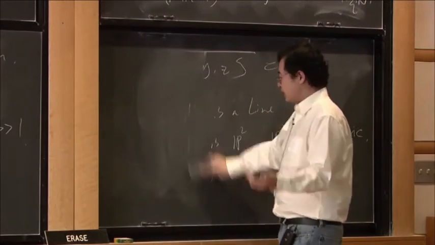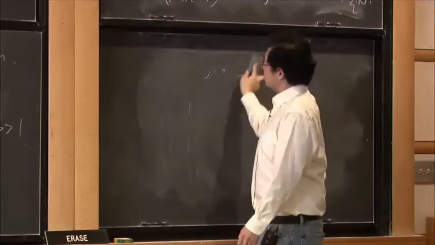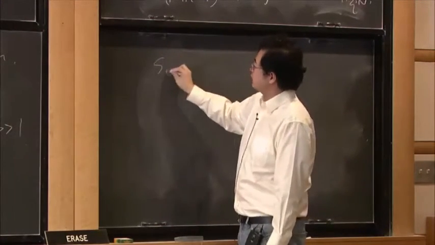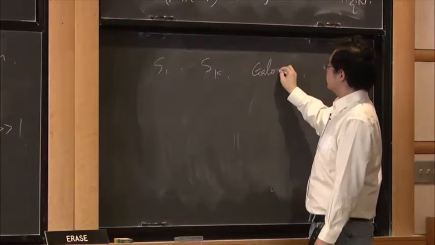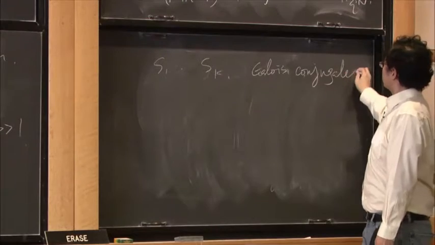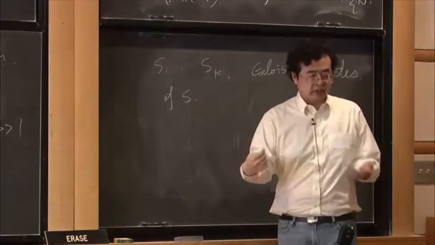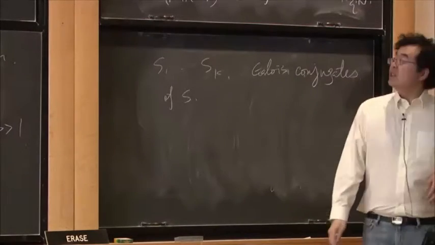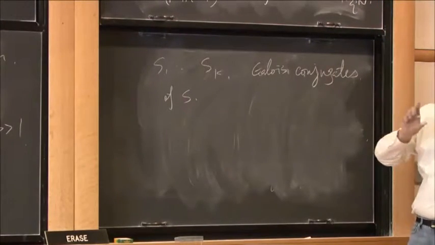Now, of course, you can take the Galois conjugates of this section S. So you take S1, through S to the K, which are Galois conjugates of S. Each of them gives you a sequence, but I assume that this sequence is independent of the section I choose.